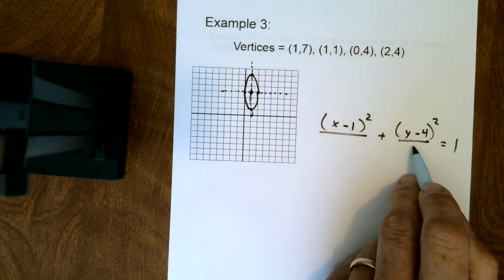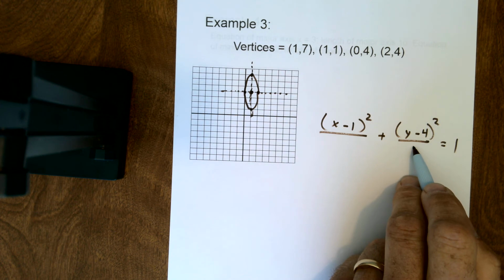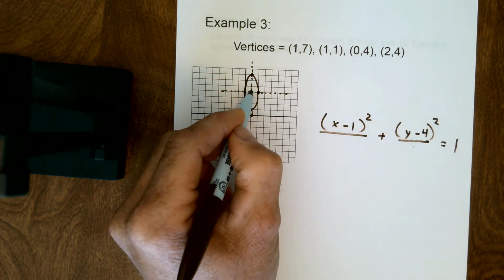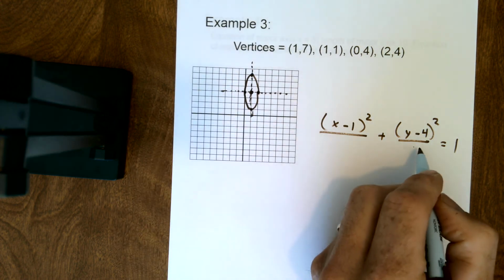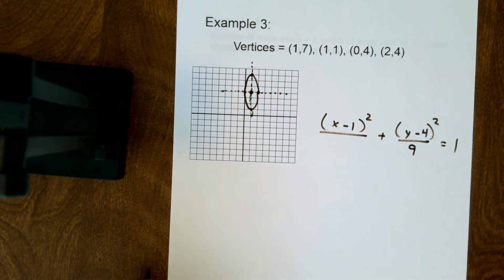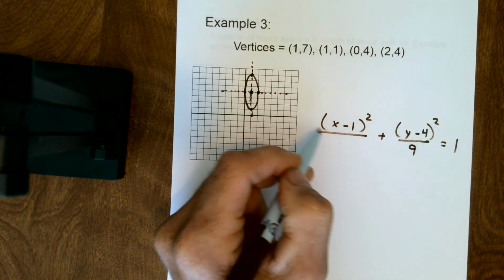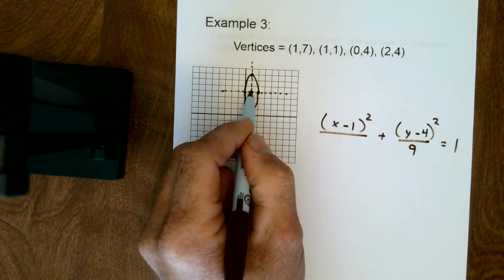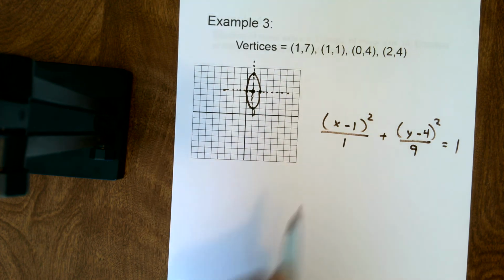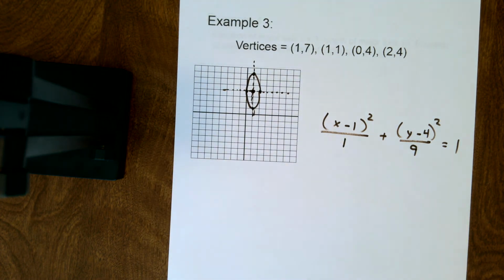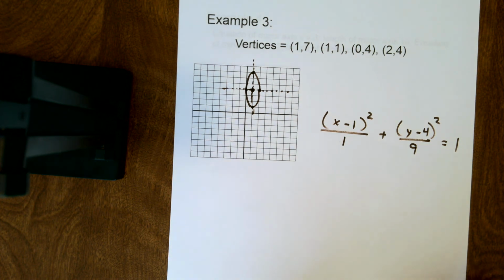So our a squared is going to be below the y. That a value is from the center up to the vertex. So we have 1, 2, 3. 3 squared gives us 9. Our x value, or the b value in this case, b squared, is going to be the distance on that minor axis. In this case, it's 1, and 1 squared gives us 1. So that gives us the equation of that ellipse.